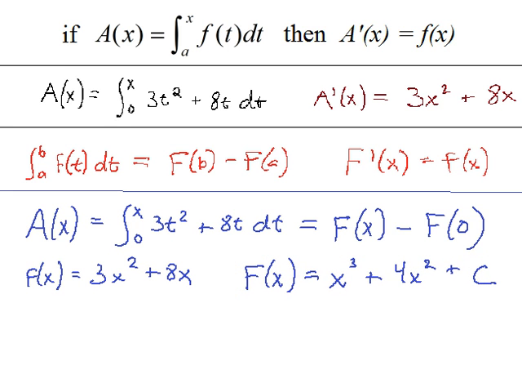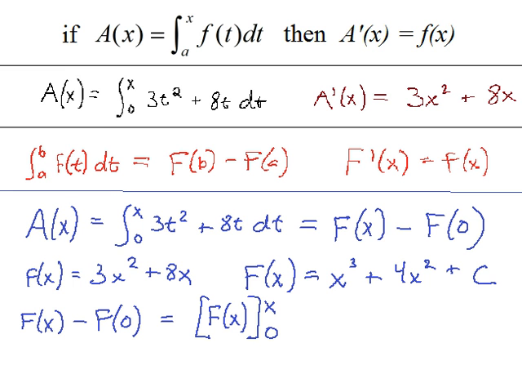Let's make sure that we're including the proper notation for a definite integral. Big F of x minus big F of 0 can also be written like this. It means the same thing as big F of x from 0 to x.